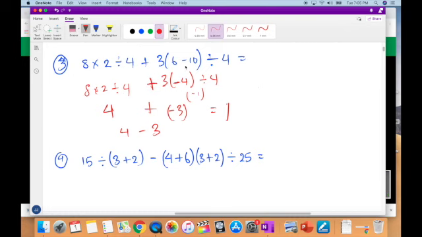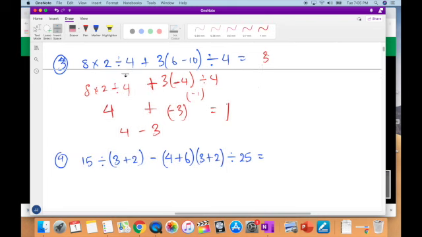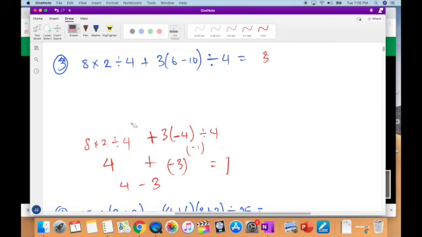So 3 into 6 and 3 into negative 10. So you do the same thing my form 3s do. So if we check it, if we look at that way of doing it, then you would have left this 8 times 2 divided by 4.